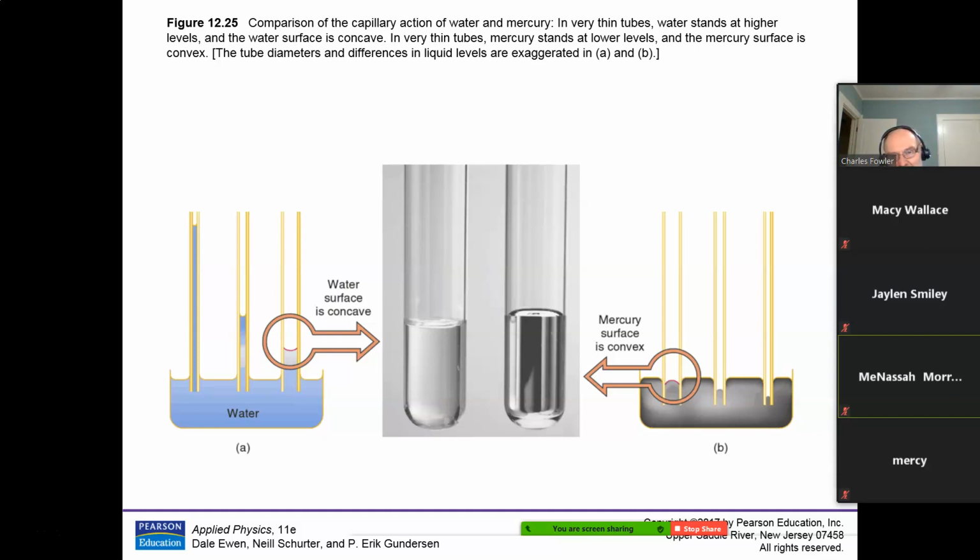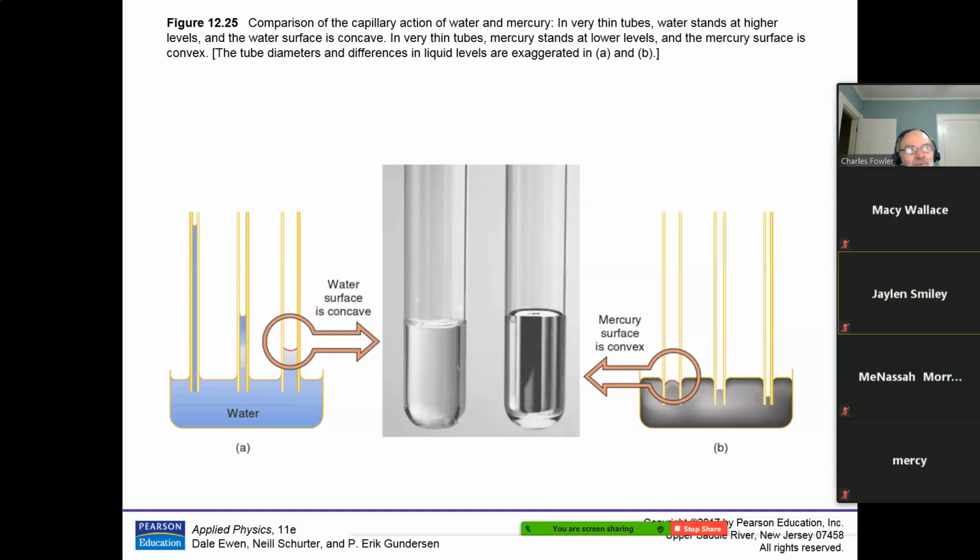Have you ever seen that happen? That blood goes right up the tube, doesn't it? That's capillary action. You see, the blood just gets sucked right up that tiny little capillary tube. Okay, that's why it happens. Capillarity.